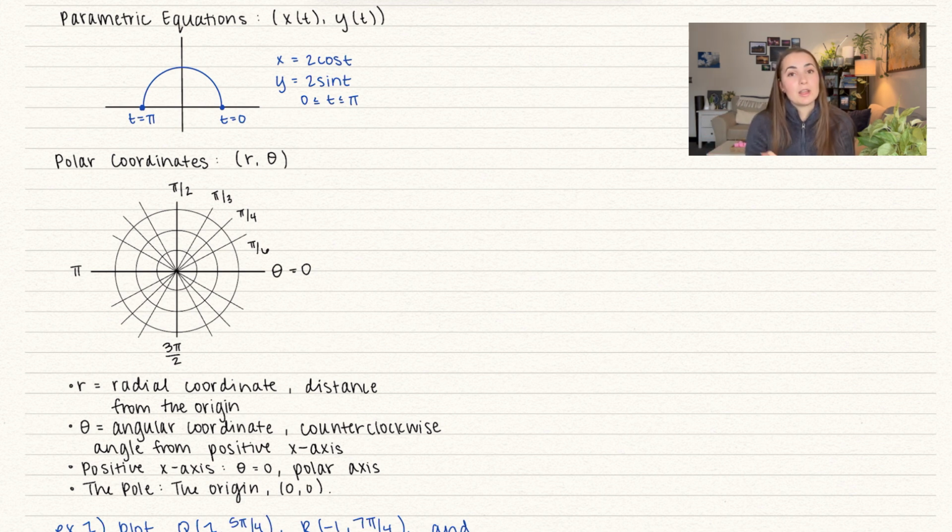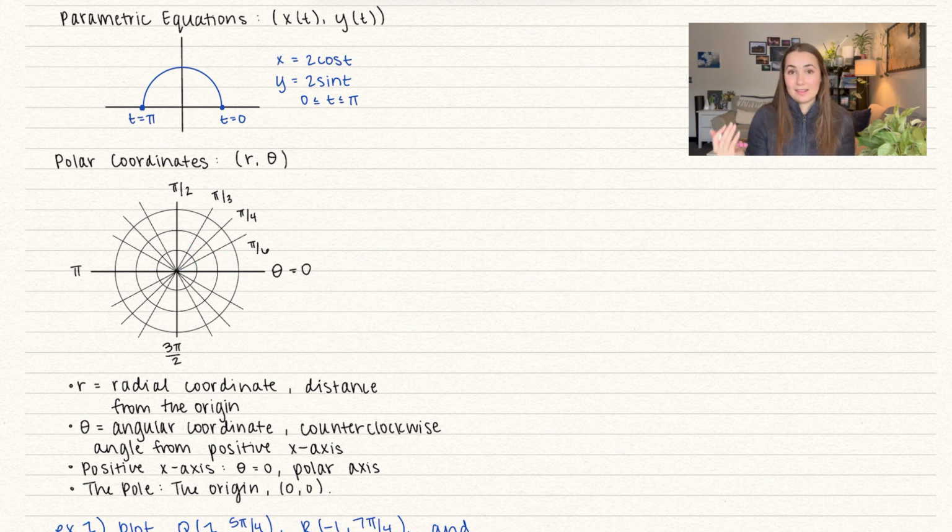And we're also working with a specific angle. Our initial angle is always going to be at that positive x-axis. It's actually called the polar axis, and it's going to be our initial starting point. From there, we're just going to increase like we normally do with our theta. So here we go up to pi over 6. We go to pi over 4. We go to pi over 3. And then we go all the way to pi over 2, right?